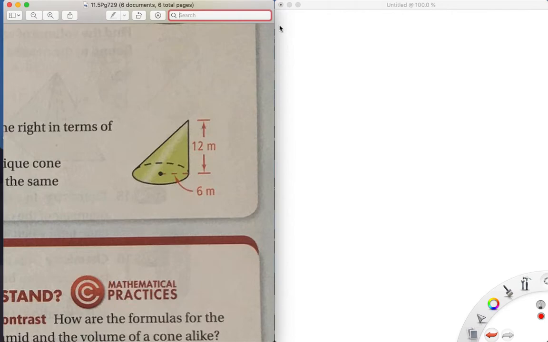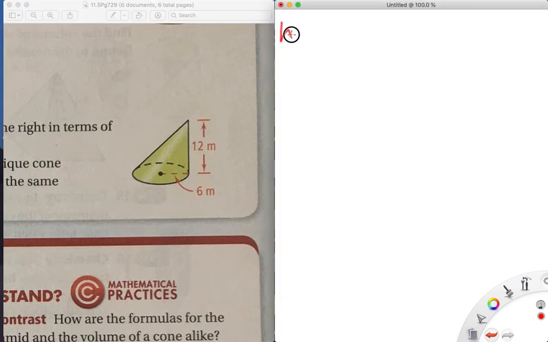The height is 12. The radius is 6. Again, volume equals the area of the base times the height. In this case, it's going to be pi r squared times the height.